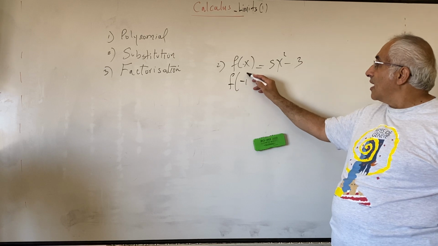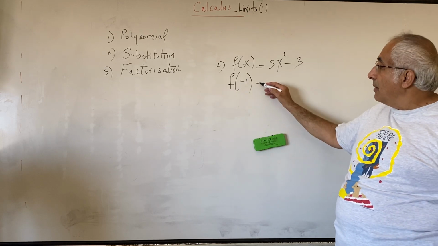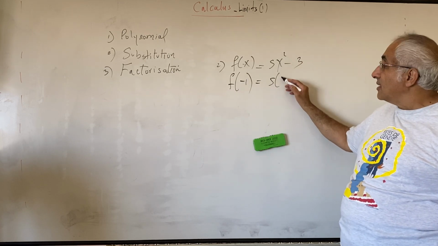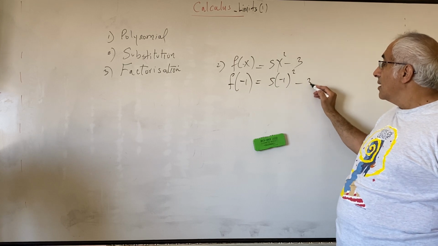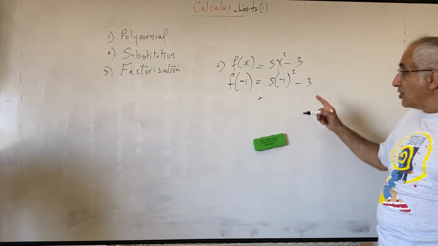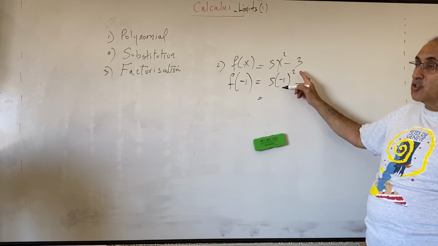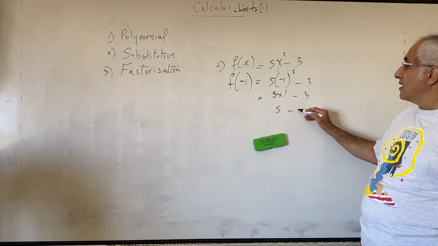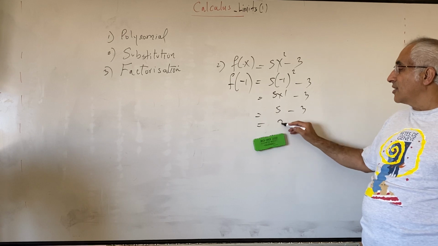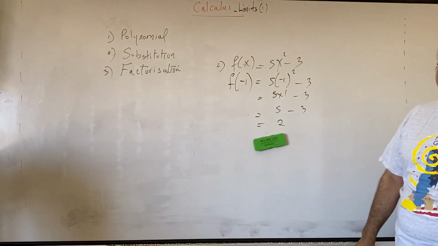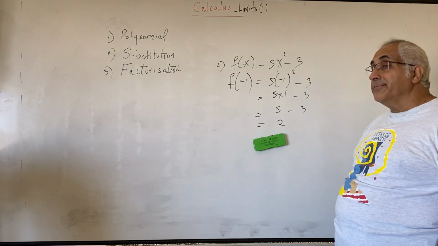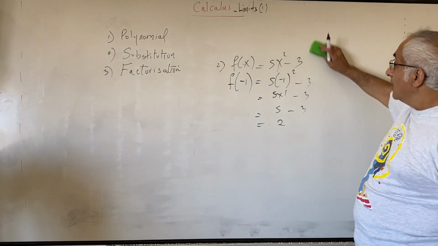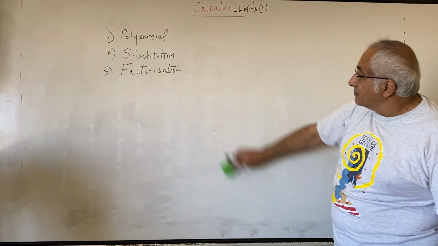If I take x equals minus 1, then I'm going to plug in, wherever there's an x, minus 1. Then when you simplify that, make sure it's between brackets: negative 1 squared is 1, and 5 times 1 is 5, minus 3, the answer is what? It's 2. That's simply called substitution. All right?